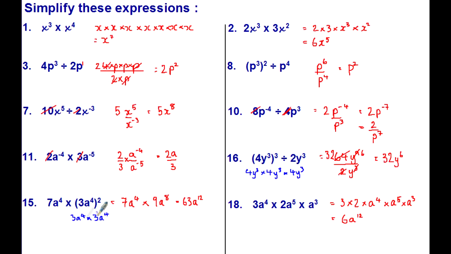So 3 times 3 is 9, and a to the power 4 times a to the power 4, because we're multiplying a number to a power by a number to a power, we've got to add the powers. So that's why it's 9, and a to the power of 8.